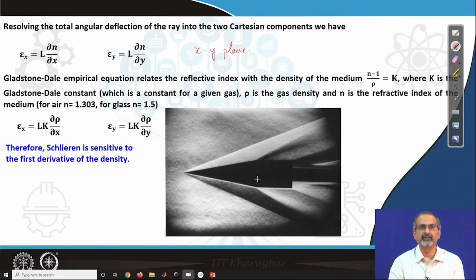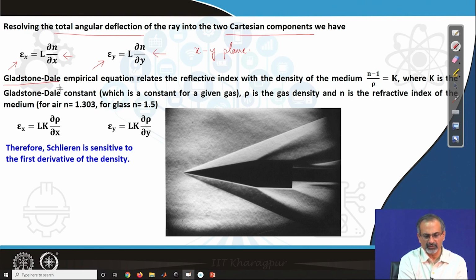When they get deflected under the influence of change in density of the medium, the total angular deflection of a ray, when resolved into two Cartesian components, turns out to be epsilon x and epsilon y, which give the deflections along x and y respectively. They are given by L times del n del x and L times del n del y respectively.